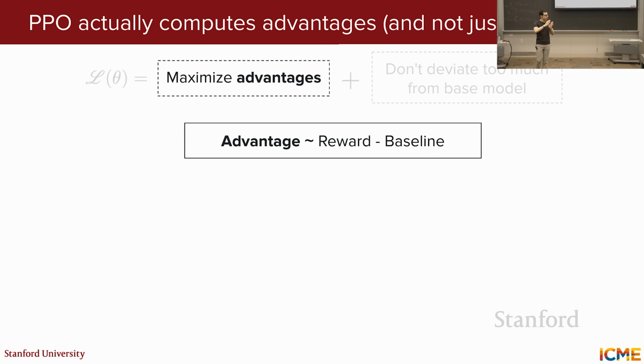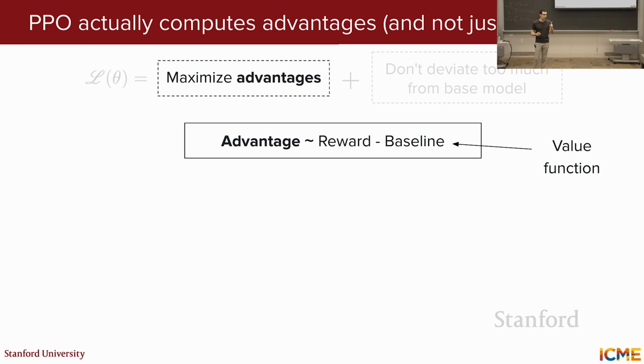People typically use advantage to make the training more stable. And we estimate that advantage with a function called the value function, which we will see in a little bit. Did you have a question? No question? So we have two quantities.